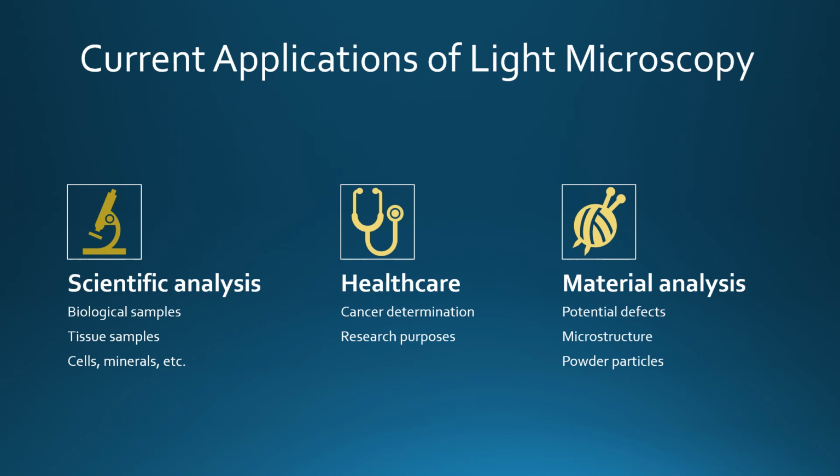In material analysis, you can look at materials under various circumstances to see how they react to various conditions. Will this material dissolve when it's wet? Will it expand or shrink when it's wet or when it's dry? You can look at powder particles such as talc baby powder and see the carcinogens within it and prevent people from potentially getting sick from it.